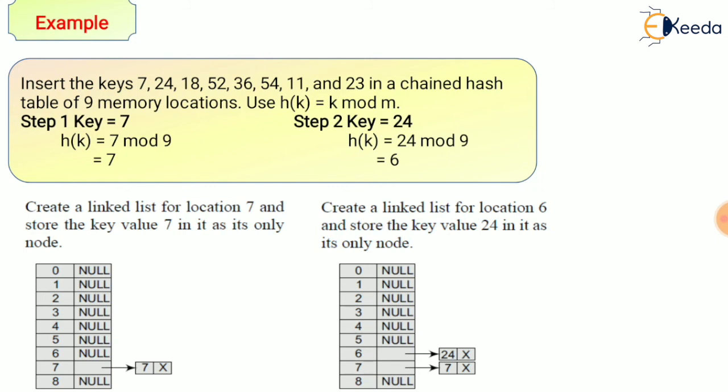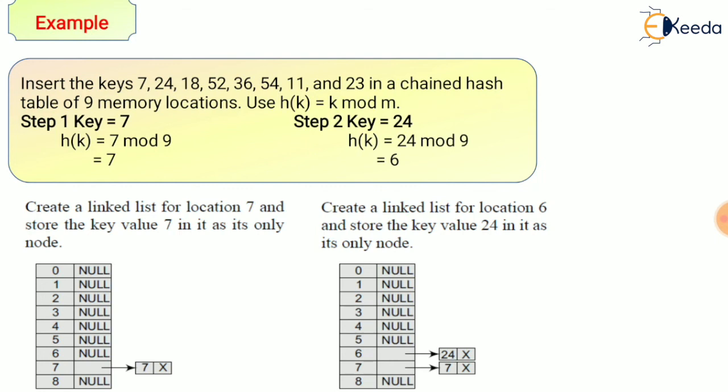For that we are using h(k) = k mod m. This is the hash function h(k). To calculate the position, we are using k mod m, where m is the table size that is given in the example itself and k is the key.